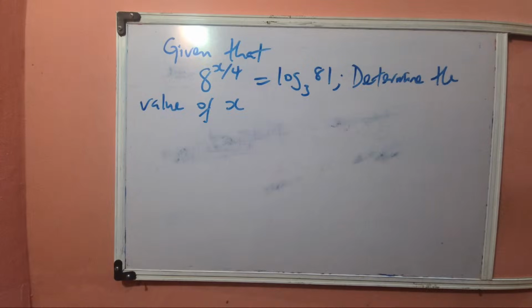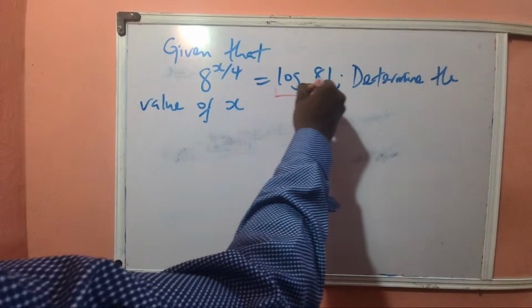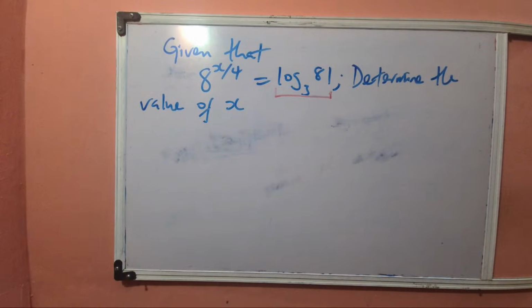What do we do when we have a question like this? This is a question on logarithm. You have to be very logical when trying to solve a question on logarithm. I'm sure you can see what we have here. This is log 81 base 3.